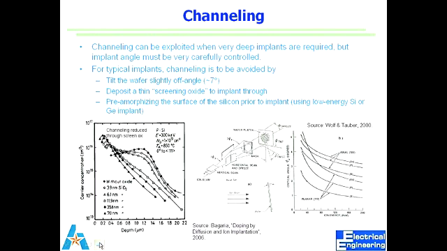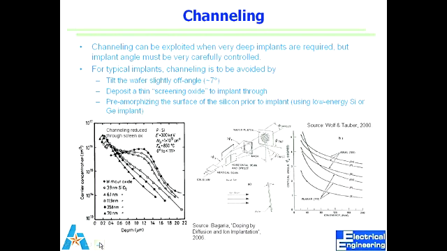So in this case, we see there's channeling through screen oxide. We have an oxide at the top and we see how deep it goes. So this is for phosphorus, not P-type silicon. It's phosphorus.